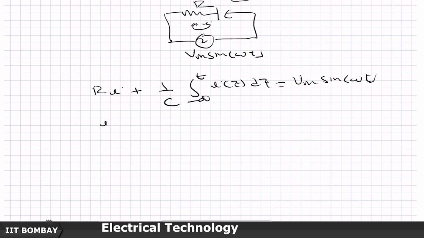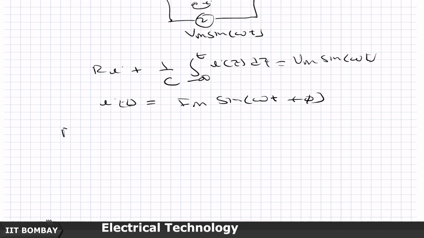Again let me presume that i of t is equal to Im sine of omega t plus phi. Then I will get R times Im sine of omega t plus phi plus 1 by omega C times cos.